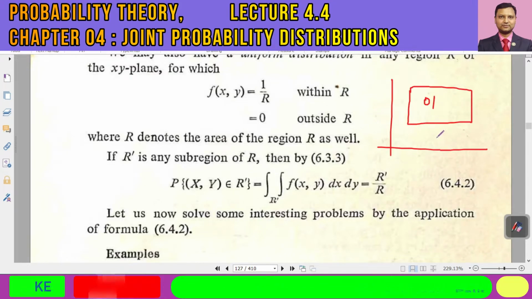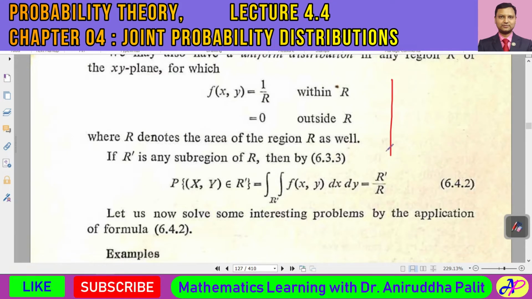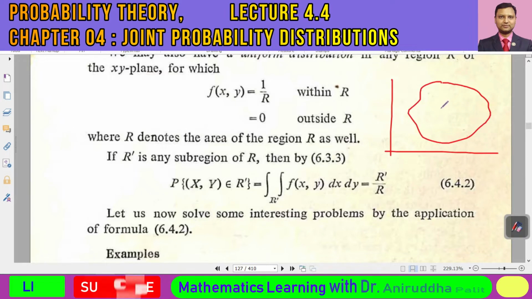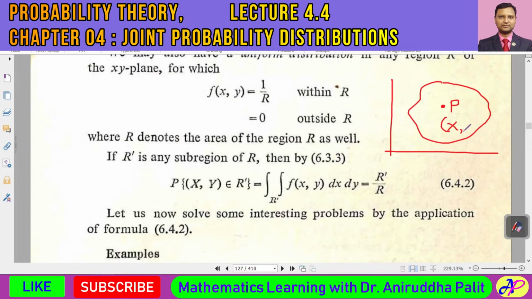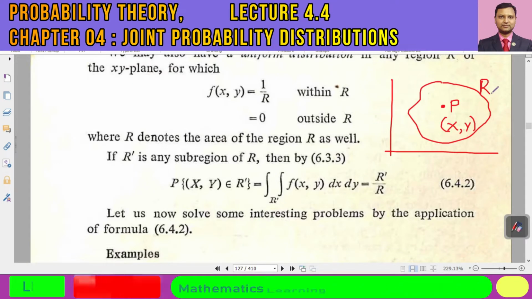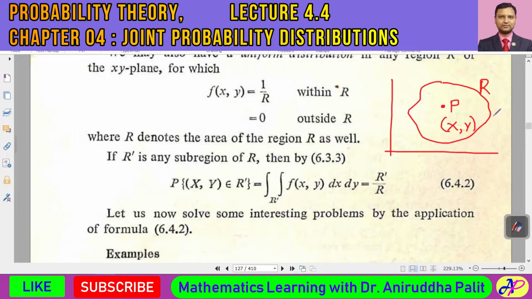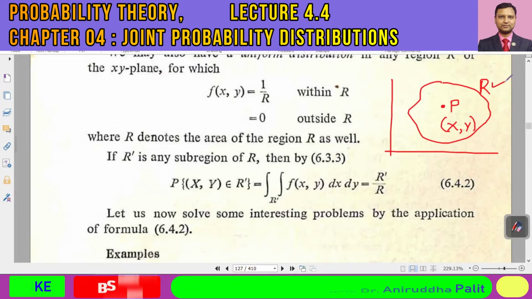Even in case of any arbitrary region, if we choose any point P, then its coordinates capital X and capital Y will follow the uniform distribution over this kind of region. Let us call it R.